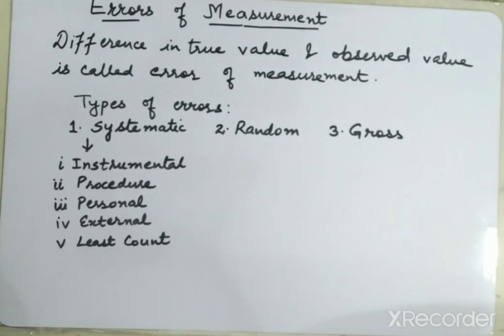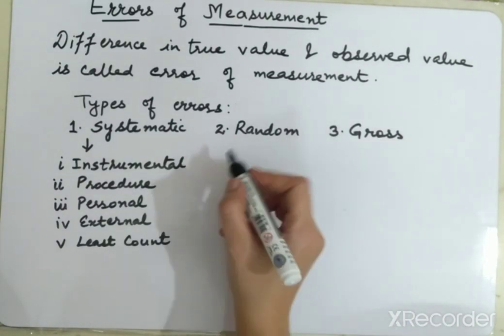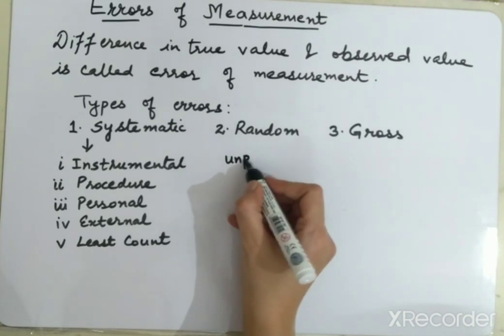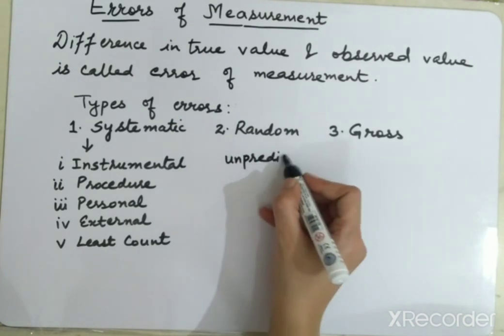Then we have random errors. As the name is, they are random, that is, they are unpredictable, and they occur due to unpredictable circumstances.